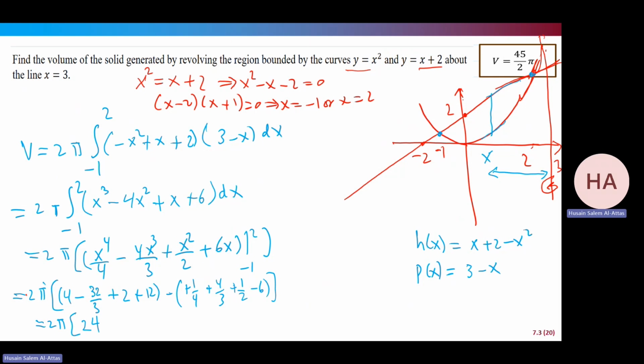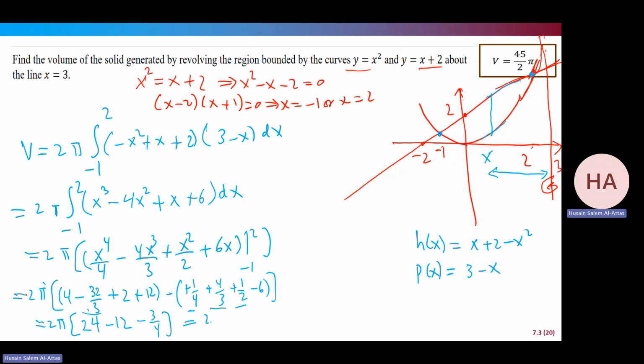Now over 3, I have this with this: minus 32 over 3 minus 4 over 3. That gives me minus 36 over 3, which is minus 12. And I have 1 over 4 plus half, that will be 3 over 4. It's minus 3 over 4.